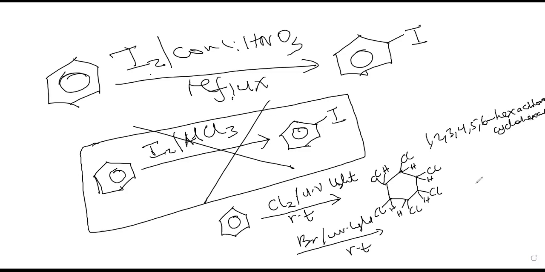By the way, these hexachloro and hexabromo compounds are normally used in making insecticides. You will meet such things in organometallic chemistry at higher levels of learning.